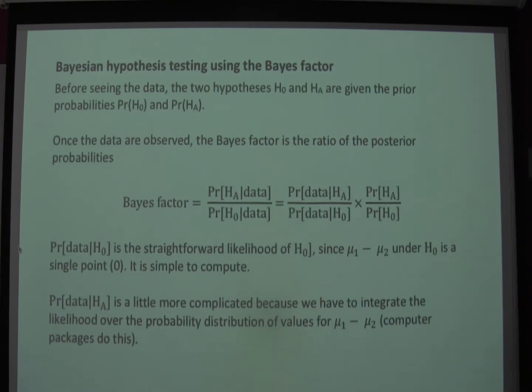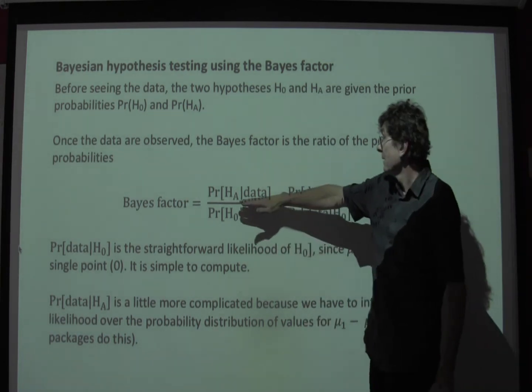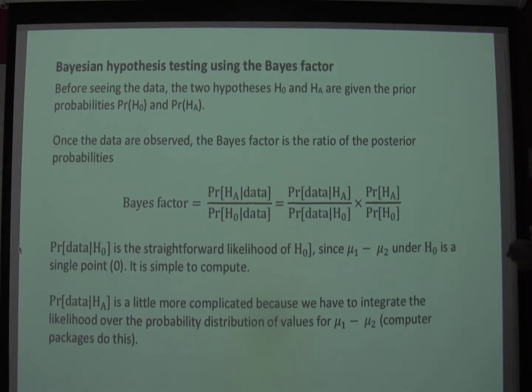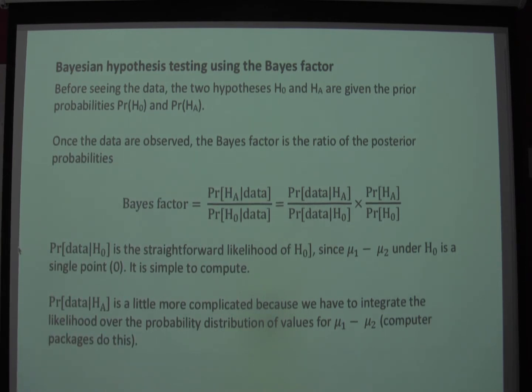It's not given a special weight, really. The Bayes factor is the ratio of posterior probabilities of the two hypotheses, the alternative over the null. And therefore it gives you an idea of how much more support there is for the alternative than for the null.